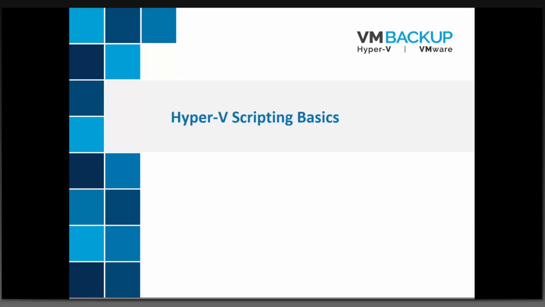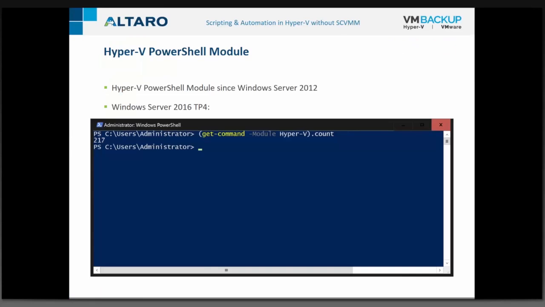So let me talk a little bit about scripting basics here for Hyper-V. First of all, the PowerShell module for Hyper-V was introduced in Windows Server 2012 and Windows 8. This is the first version which had an official PowerShell module for Hyper-V.